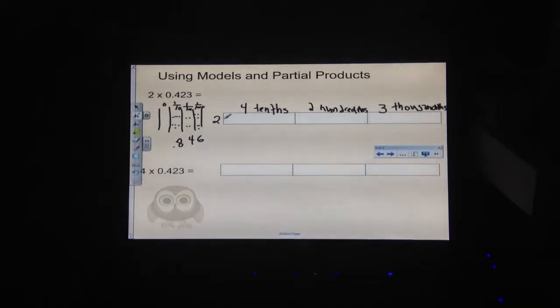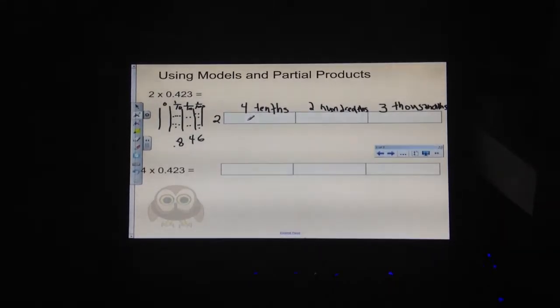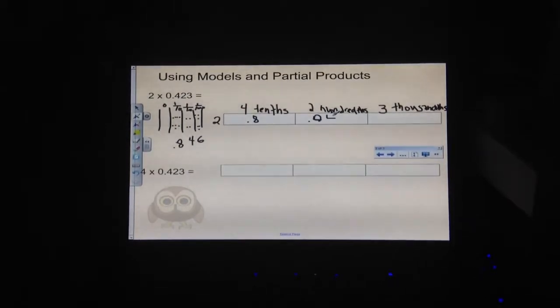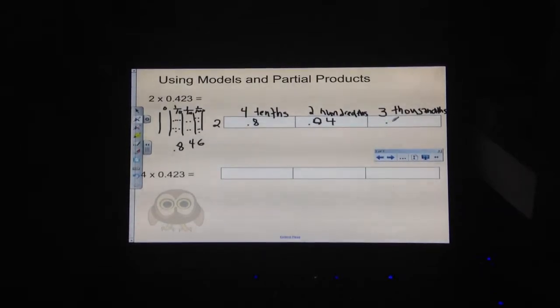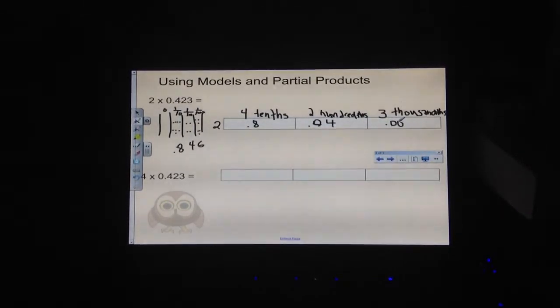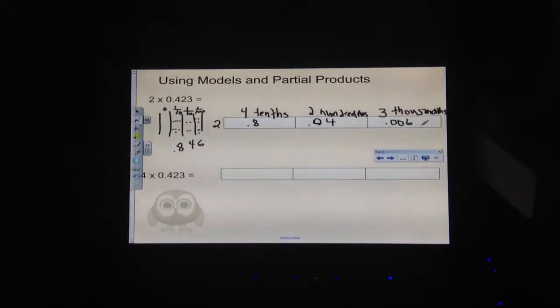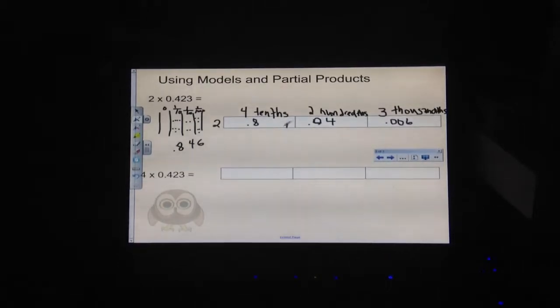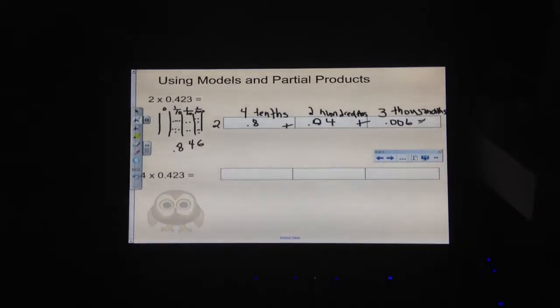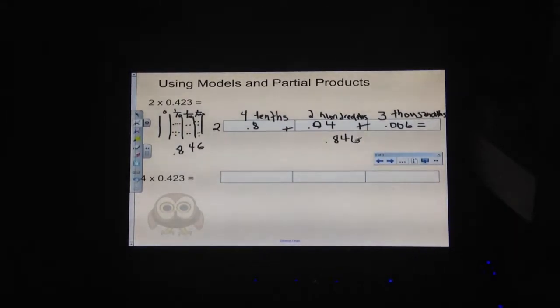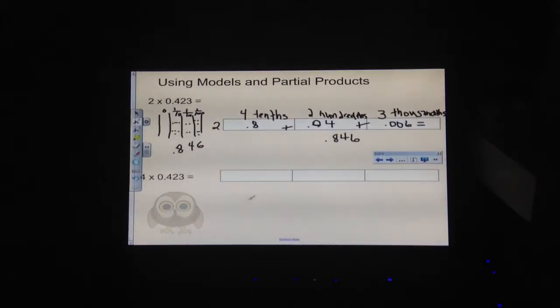If I multiply each of those sections by 2, 2 times 4 tenths gives you 8 tenths. 2 times 2 hundredths gives you 4 hundredths. 2 times 3 thousandths gives you 6 thousandths. And when I add all of those together, I end up with 846 thousandths. It's just another way of showing the process.